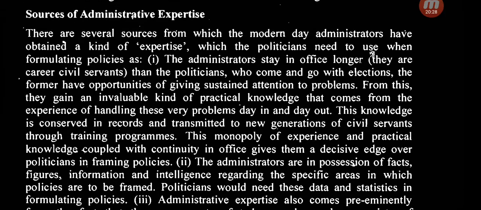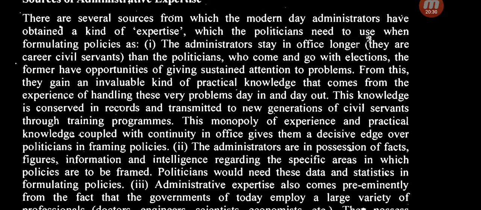Sources of administrative expertise. There are several sources from which the modern day administrators have obtained a kind of expertise which the politicians need to use when formulating policies. Number 1, the administrators stay in office longer. They are career civil servants, unlike the politicians who come and go with elections.